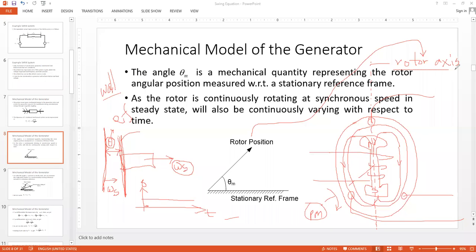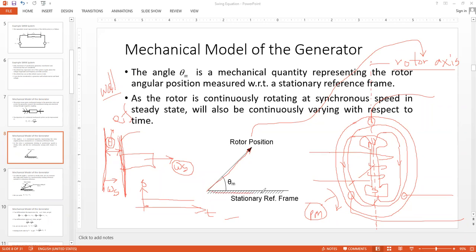So this rotor axis will actually move with the help of the prime mover.